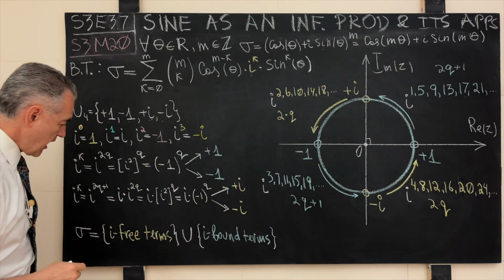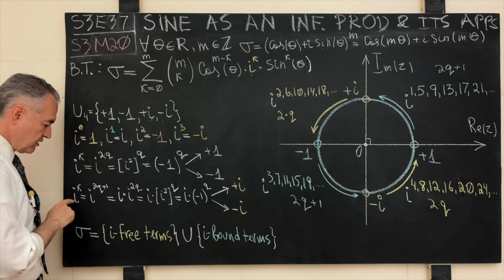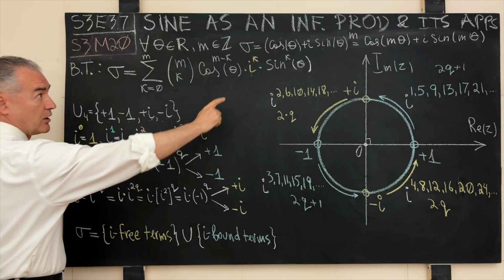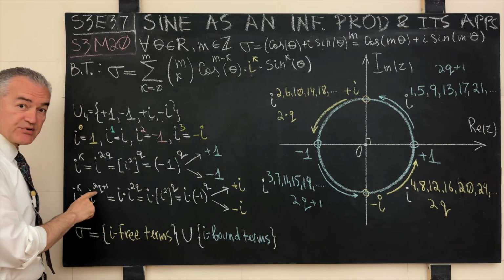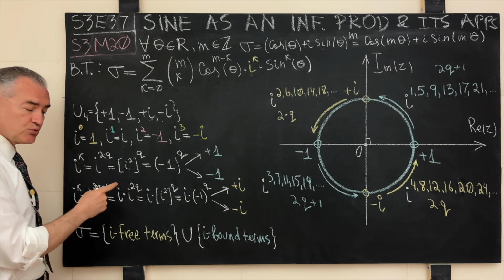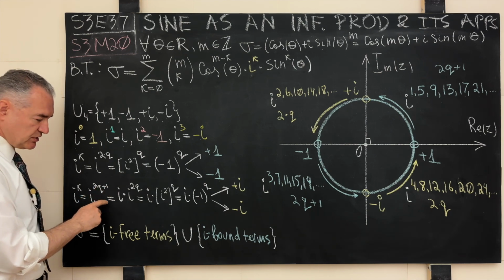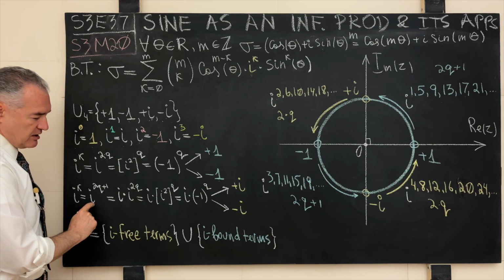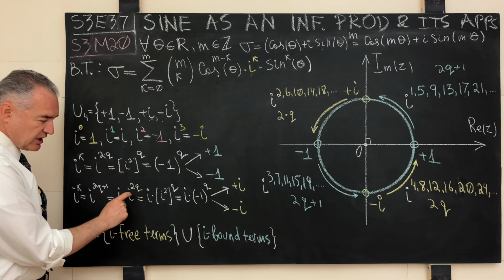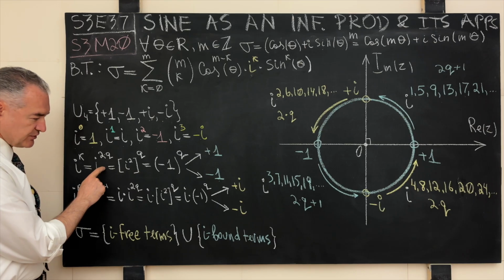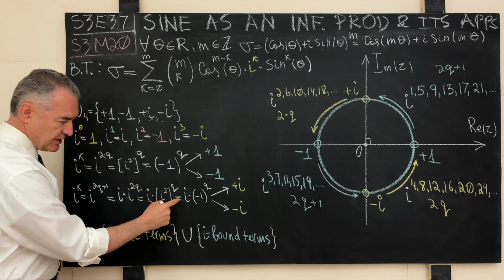The same thing happens when the power k of the imaginary unit i in our expansion is odd, or representable as 2 times q plus 1, let's say, where q is a suitable integer. Here we partition this expression as i times i raised to the power of q. You know what happens in this case, so we can skip it right away.